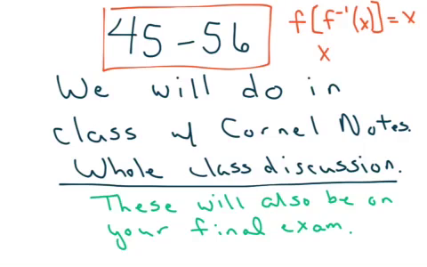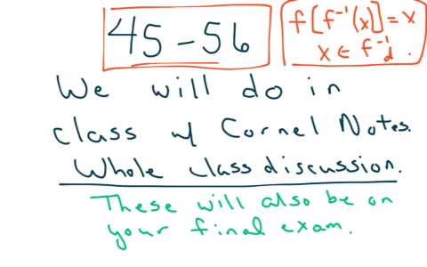And that means x belongs to the domain of f inverse of x. That's the domain. So you need to know all of those with sine, cosine, and tangent. You might want to really look at those because we're going to be using this information for these in class. And these will also be on your final exam as well as your unit exam.